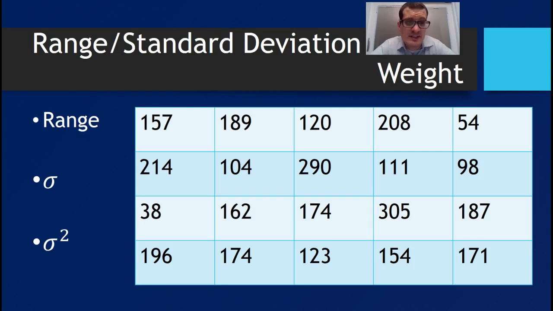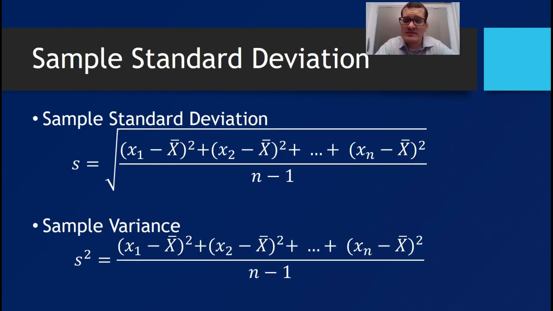Now, here's the nice thing. We have these big formulas, and while we don't have to have them memorized, we do have to understand them, because these may come up on a matching portion of the test where you have to match sample standard deviation to the formula. You have to match population standard deviation to the formula. Maybe you have to match a mean to the formula.